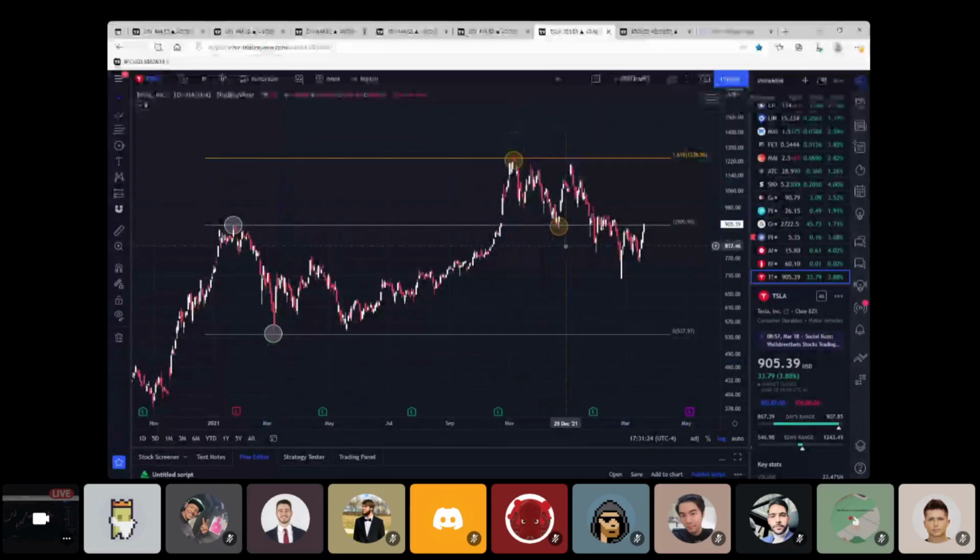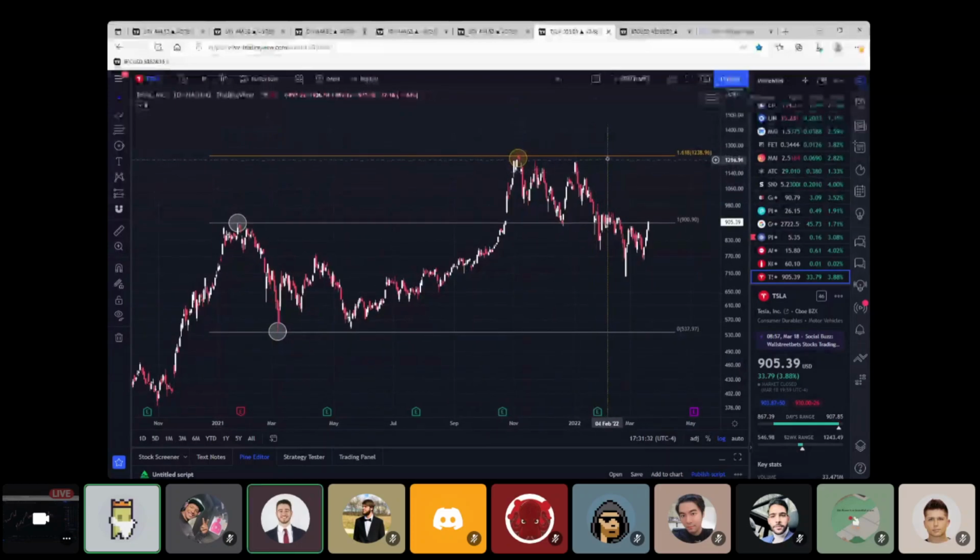We can see that this was the main one, right? We did an extension from our swing high to our swing low of our previous correction, and it gave us a golden ratio or a 1.618 level of around 1238, and we knew that that area was going to be big confluence for our next price target, and it's quite amazing that Tesla ended up topping out right at 1250. So that was a wonderful trade.